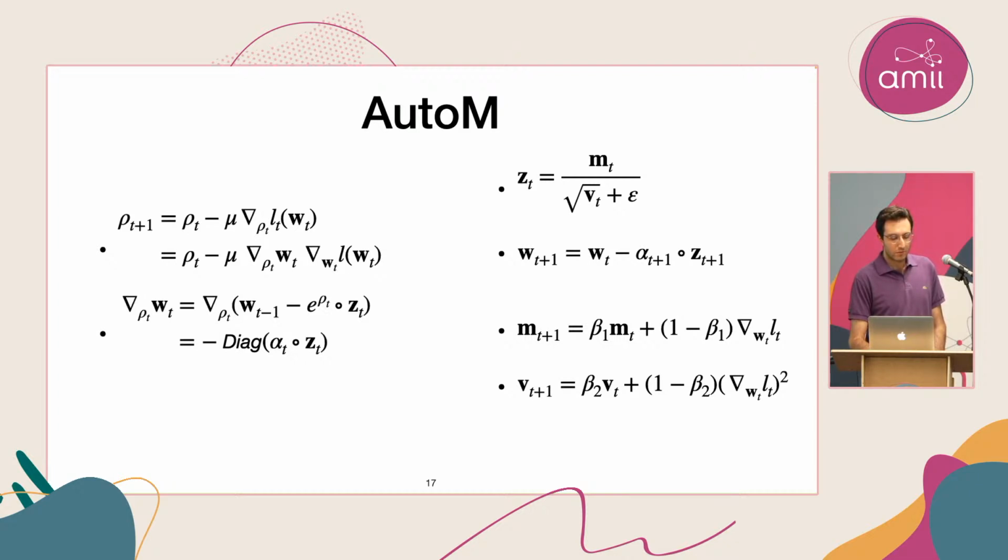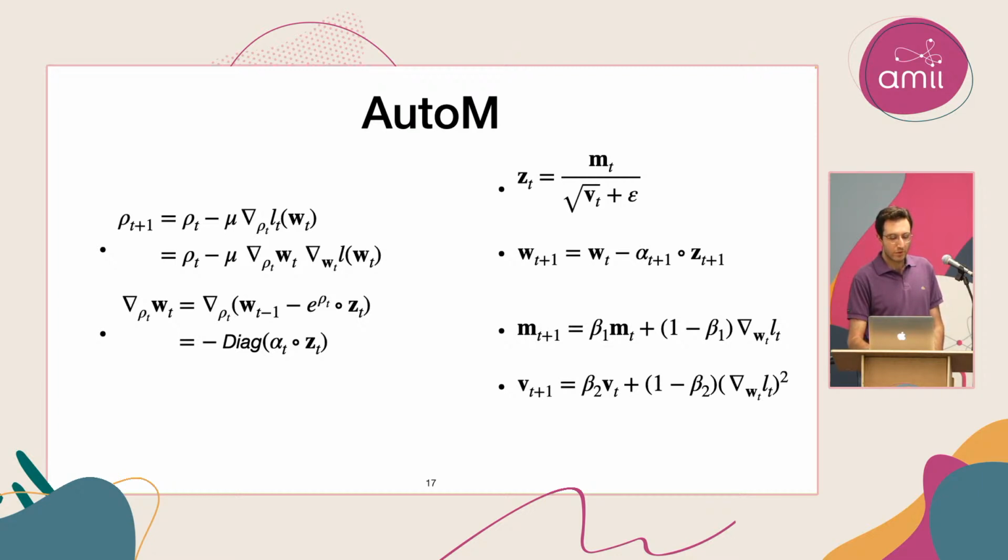Instead of the weight, we put in Adam's weight update, which is W minus alpha Z, as shown on the second row on the right. Here we ignore the effect of alpha on the previous weights and the effect of alpha on Z. If you do that, the matrix becomes a diagonal of alpha times Z, negative of that.